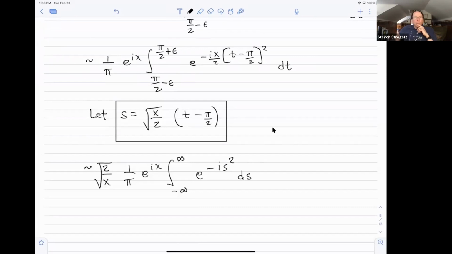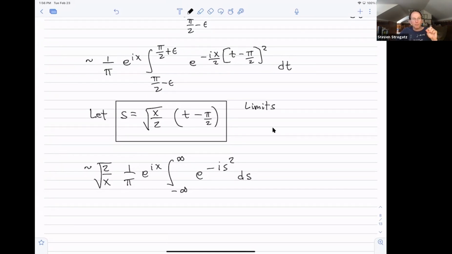So let's try to understand what just happened there. First, let's focus on what's in the box. The limits of integration, if I make this change of variable that I have in the box, suppose I put in t equals, say, pi over 2 plus epsilon, then I'm going to get the square root of x over 2 times epsilon. And now here's the interesting thing.